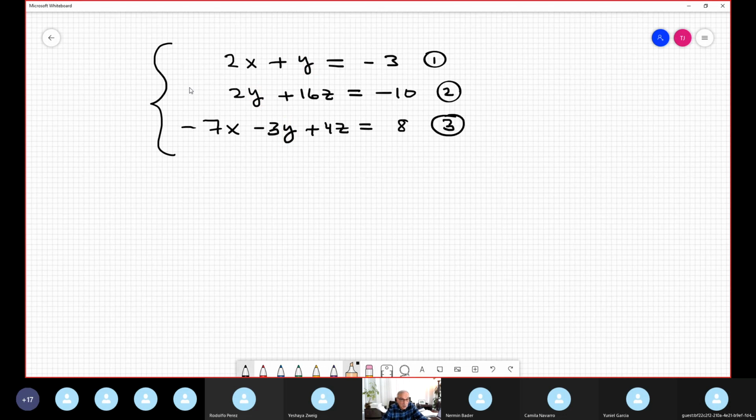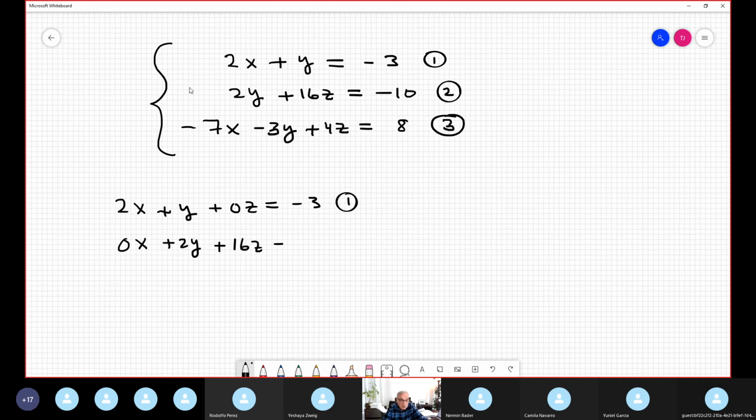Then you take equation 1, which is 2x plus y. z is missing, so to keep the order of the columns, you put 0z equal -3. This is my equation 1. And the second equation, I take in pairs: no x, 2y, 16z equal -10. Equation 2.